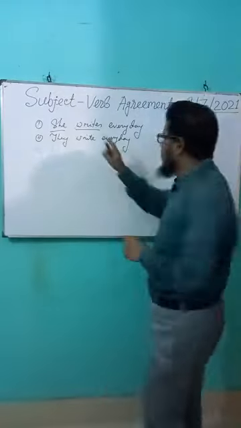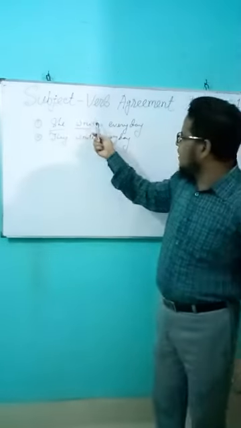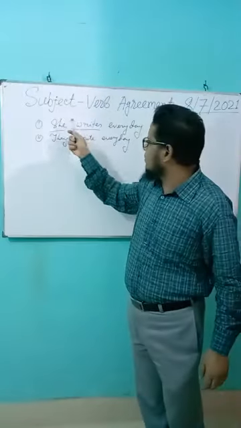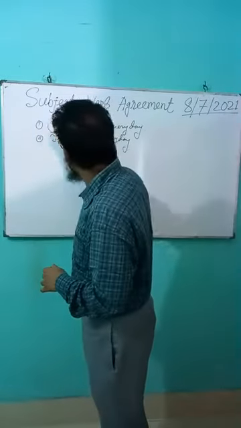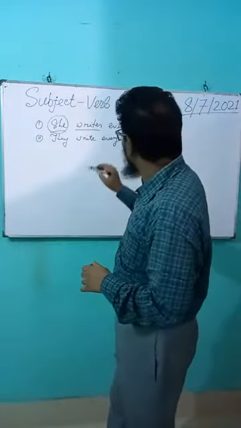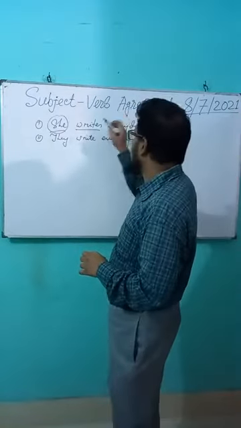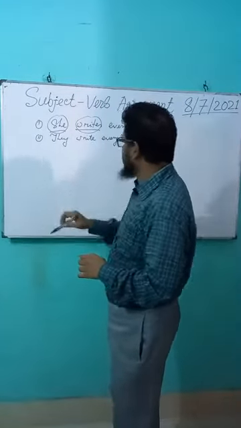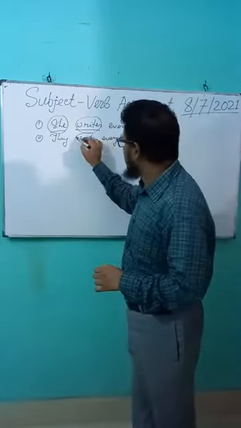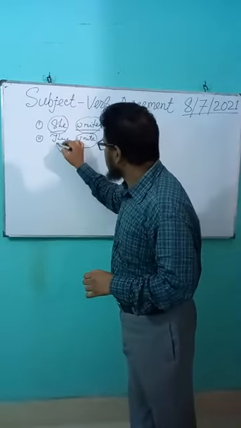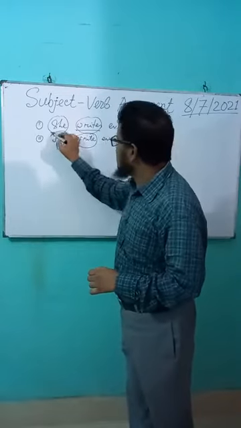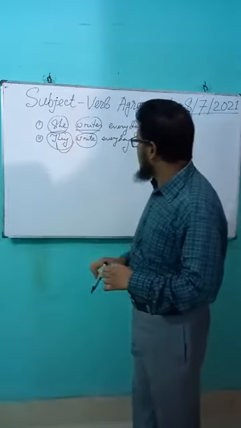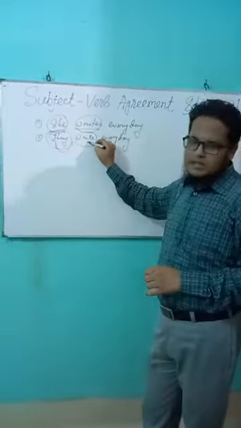The verb always agrees with the subject. The subject "she" is third person singular, and that's why the verb must be singular: writes. In the second sentence, the subject is third person plural, and that's why the verb must be plural.